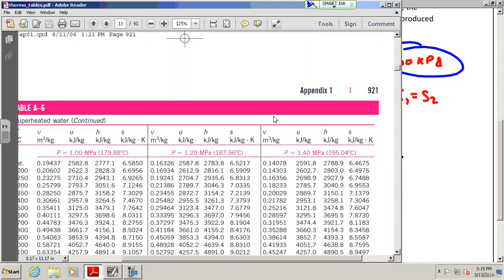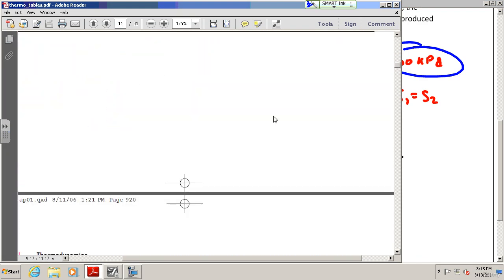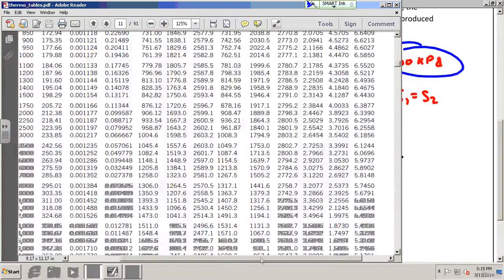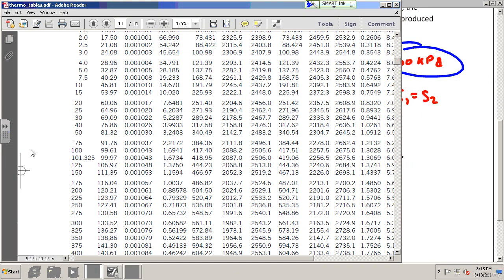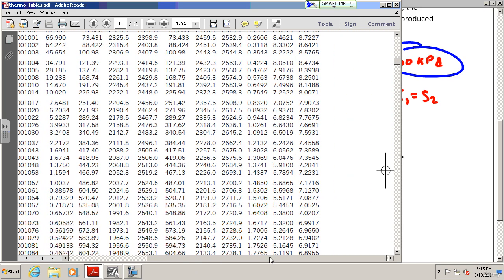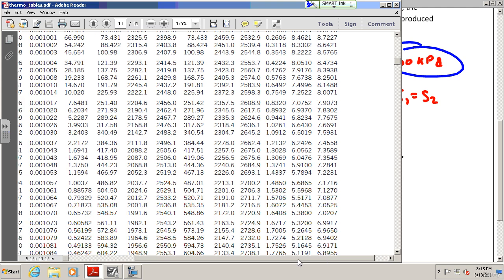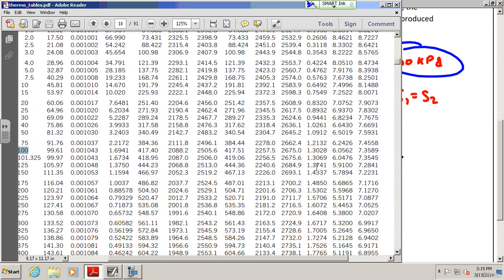So what's that going to be? Well, it turns out it's going to be on the saturated pressure table. Why? Because I'm given a pressure, right? My pressure is right here, 100 kPa. If I scroll over to the right side here, these are my entropies, the last three columns.